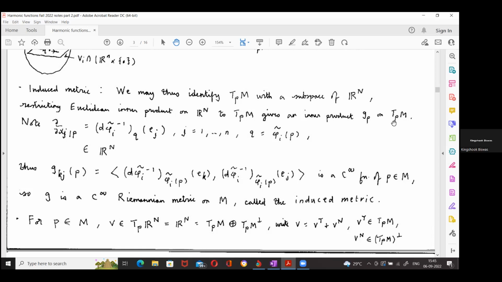I have to check that this defines a smooth Riemannian metric on M, okay? So how do we see the smoothness? Well, note that my basis of the tangent space, TPM, is given by these del del xj's. What are these? These are going to be d phi I tilde inverse of EJ, right?